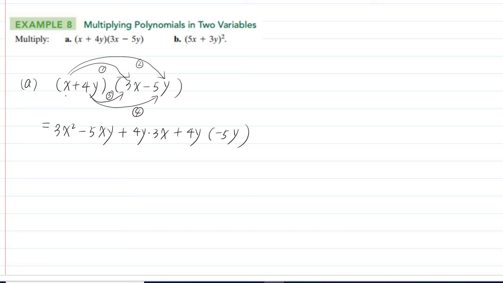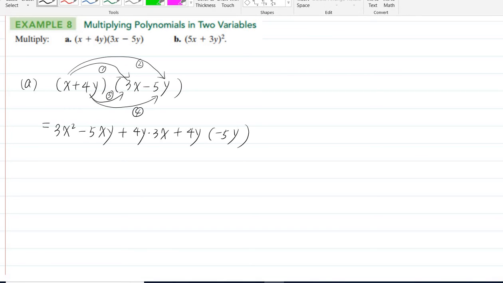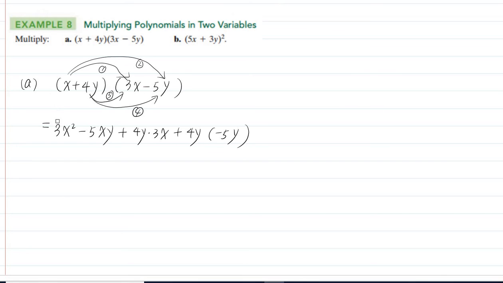Again, I'm just doing it in order, step by step, instead of simplifying at the same time. All I did is go by the order of what I wrote right here.